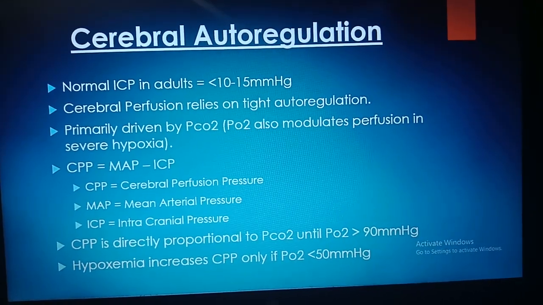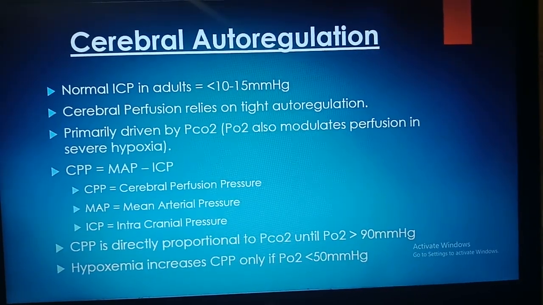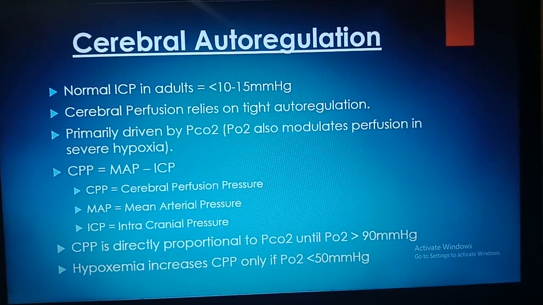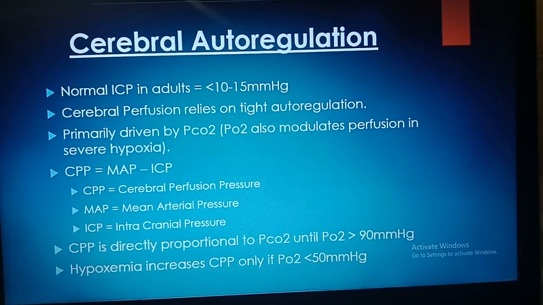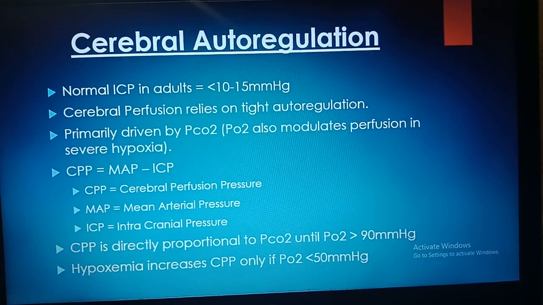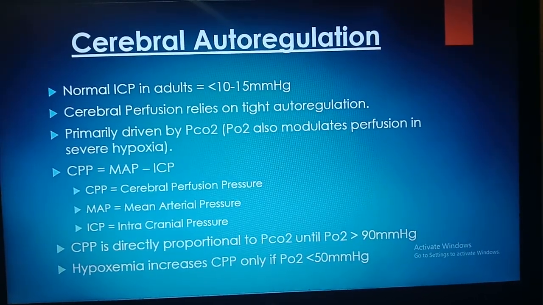As I already mentioned, cerebral perfusion is directly proportional to carbon dioxide as long as the oxygen is more than 90. That is, in normal states, whenever the oxygen level is more than 90 millimeters of mercury, it is the carbon dioxide partial pressure that determines the cerebral perfusion pressure.